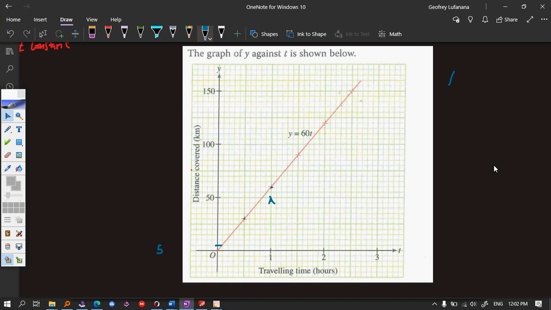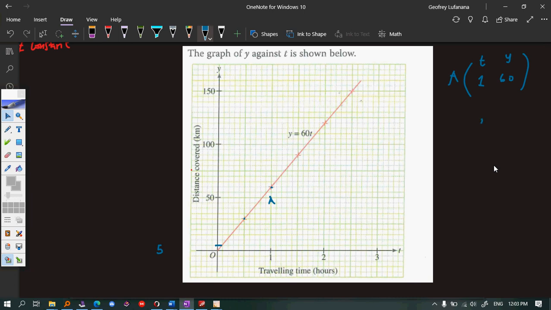So my point A has a t value of 1, while the y value is 50, 55, 60, because each small square is 5. And let me get another value.